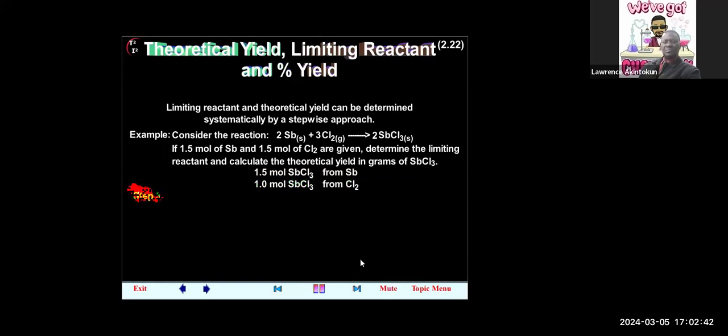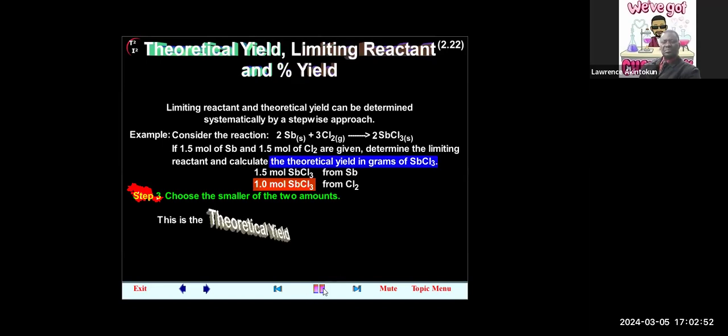Step 3. Choose the smaller of the two amounts. This is the theoretical yield. Once you use the two reactants to produce SbCl3, the one that has the lowest mole ratio is what you're going to produce.